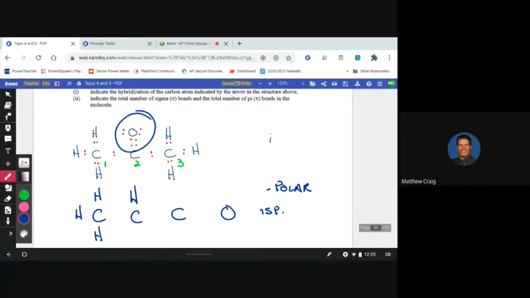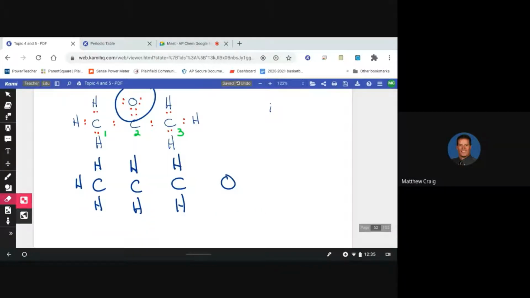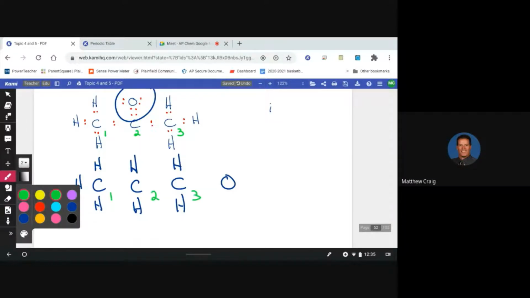So now I've got hydrogen, hydrogen, hydrogen, hydrogen. It looks similar to what we did previously, but this has one less hydrogen. And notice that if I look at my carbon 1, 2, 3, now we are very definitive in what the number 1 carbon is, the number 2 carbon, and number 3.